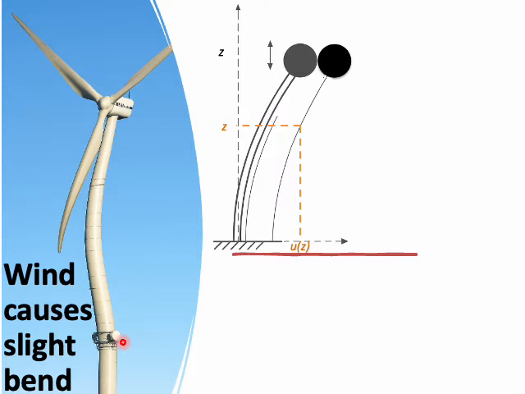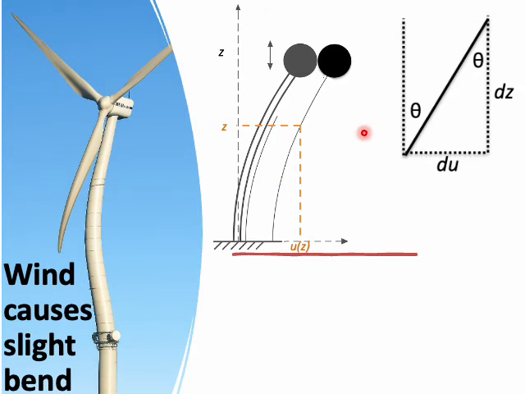For better clarity, I selected a segment of a small tilt angle and exaggerated it in this cartoon. Let's call that angle theta. This is basically how much the tower is leaning at that point.